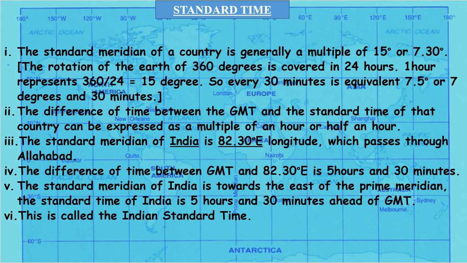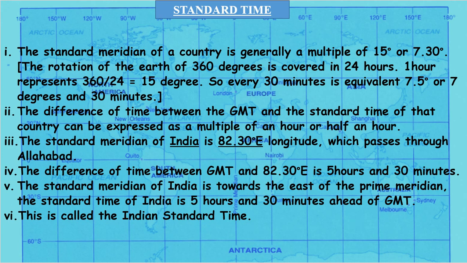So in order to avoid the confusion of the local times and the time zones, and to maintain uniformity all over a country, it was decided to adopt the local time of a central meridian of a country as the standard time.